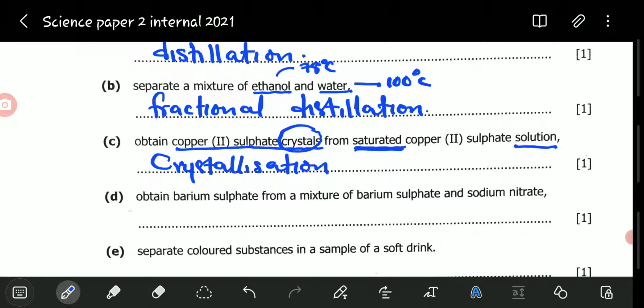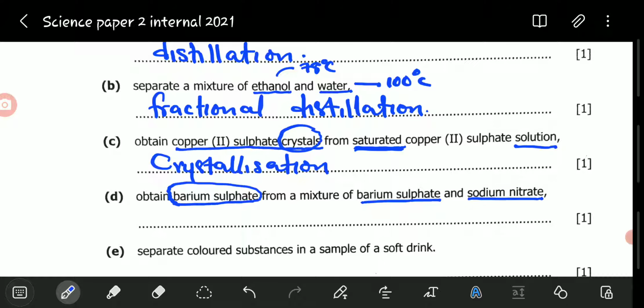D, obtain barium sulfate from a mixture of barium sulfate and sodium nitrate. So our main interest here is barium sulfate from a mixture of barium sulfate and sodium nitrate.